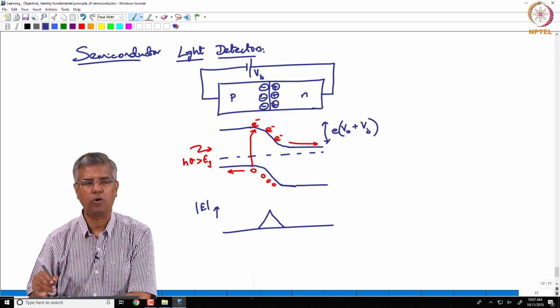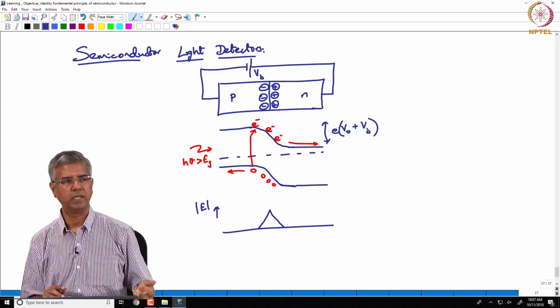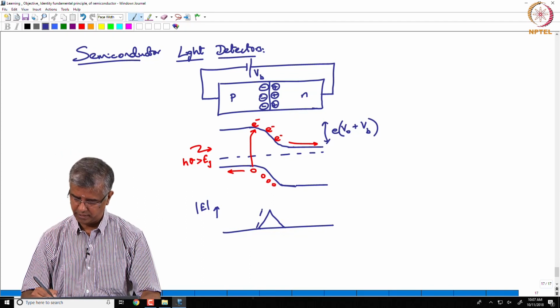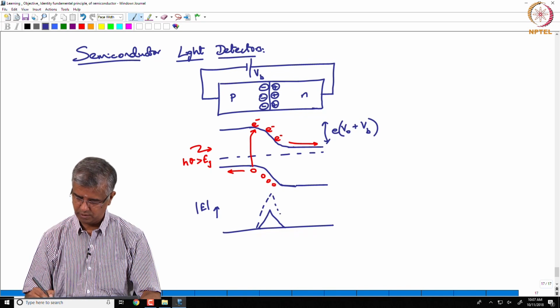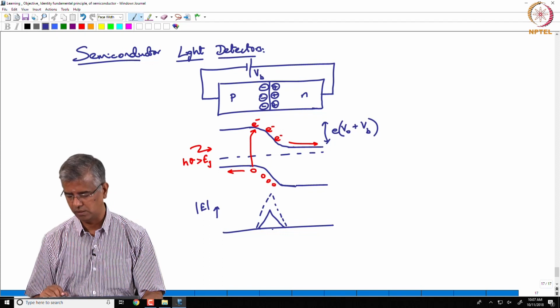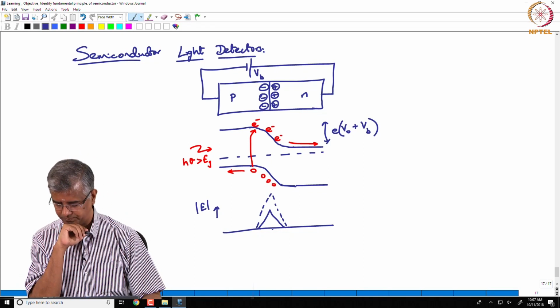The forward bias case, we were saying that the barrier height gets reduced, but here we are saying it results in an enhancement of the barrier. So, the corresponding electric field gets enhanced in the presence of this external bias.